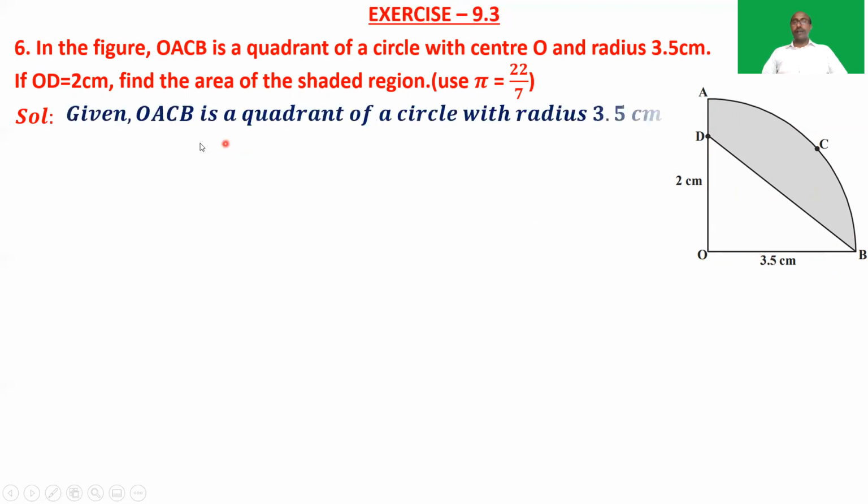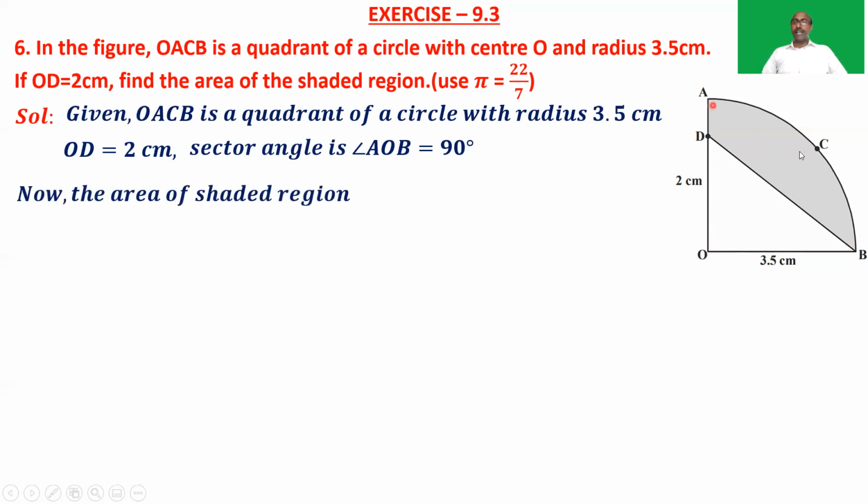So first, OACB is a quadrant of a circle with radius 3.5 centimeters. That is, OB is equal to OA is equal to 3.5 centimeters, and OD is equal to 2 centimeters, and the sector angle AOB is 90 degrees. So now the area of the shaded region is equal to the area of sector OACB minus the area of triangle ODB.